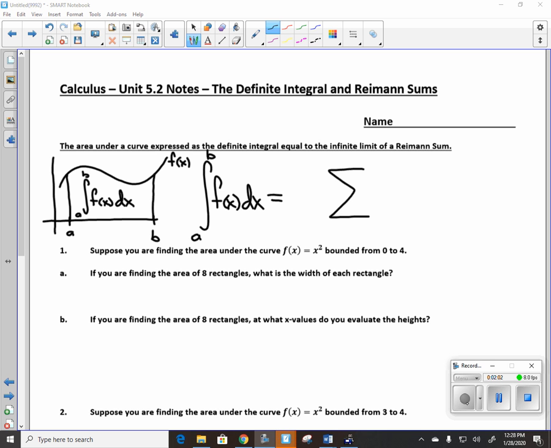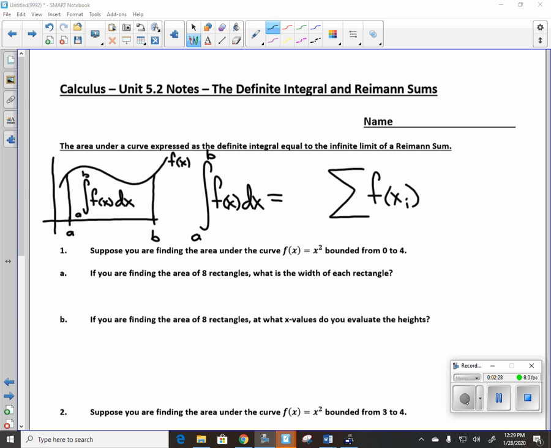It's the sum. So the sum of f of x sub i. What x sub i means is you're plugging in x values to get the heights.